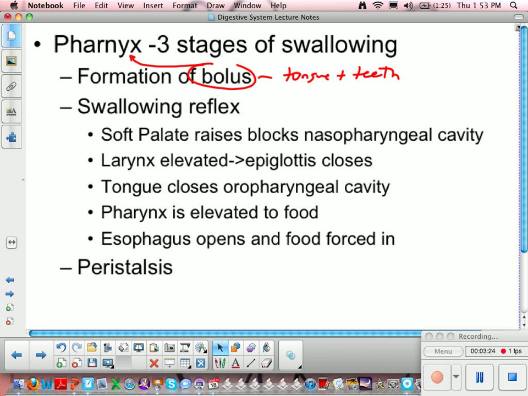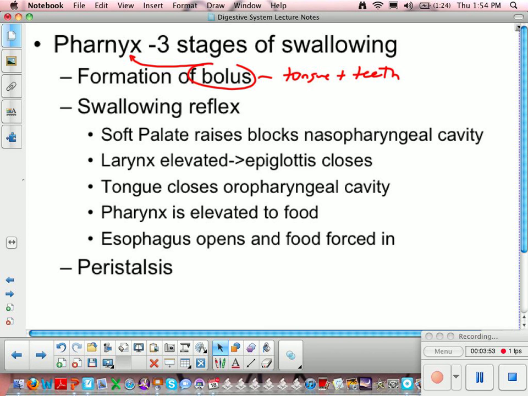One of the reasons why we shouldn't breathe in too much, or at all, when we're swallowing food is that when we breathe in, that larynx will lower again and the epiglottis will open, and we can get food into the larynx. The tongue closes off the oropharyngeal cavity, and the pharynx comes up to receive the food. The esophagus opens and the food gets forced into there.